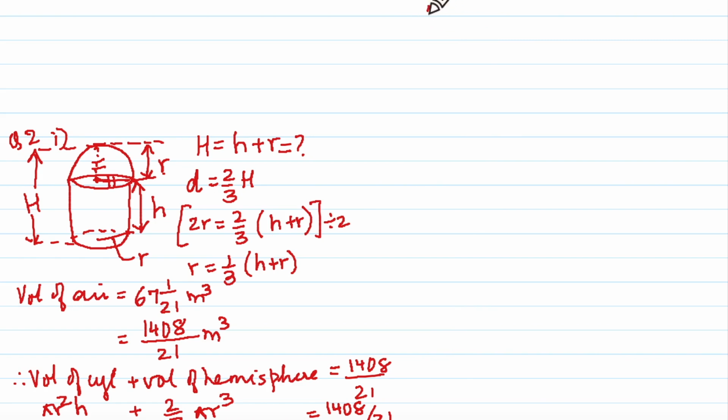Shall I take pi r square common? Yes, ma'am. Into bracket you will have h plus 2 upon 3 r, and that is equal to 1408 upon 21.